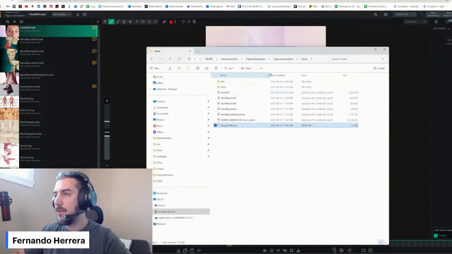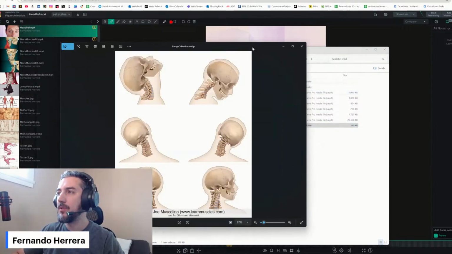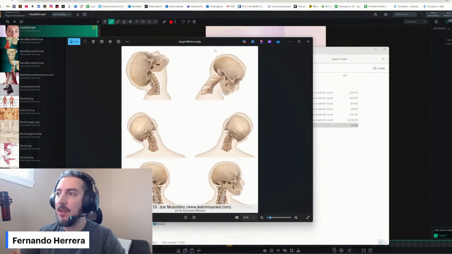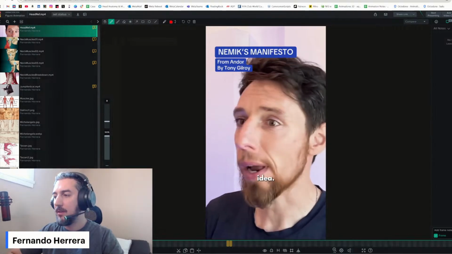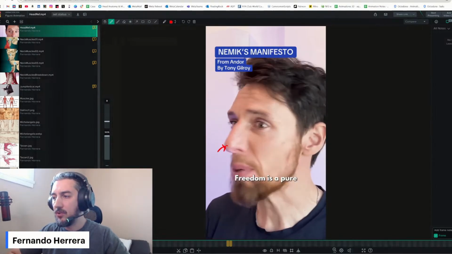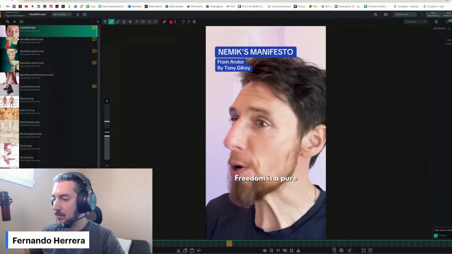So looking at this here, this is also something very important to understand for each part of the body before you start to animate, which is the range of motion, right? Looking at this guy rotating his head, he is not doing a very extreme motion, so that is not super important.